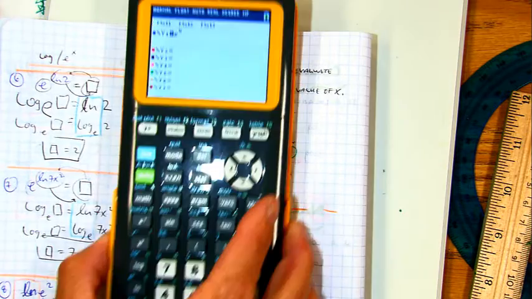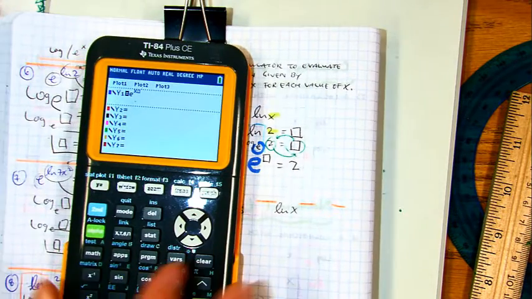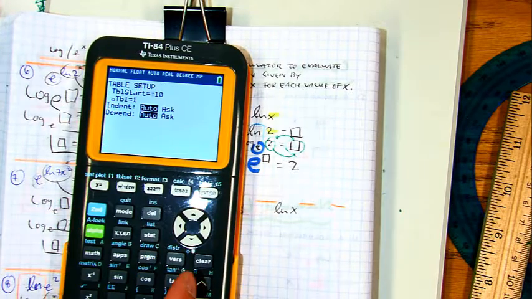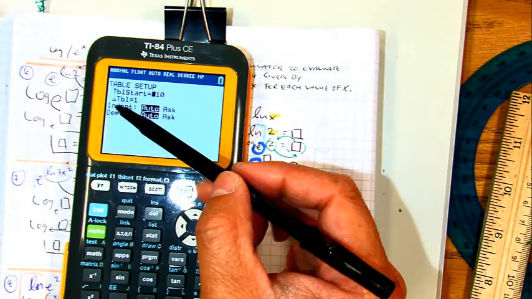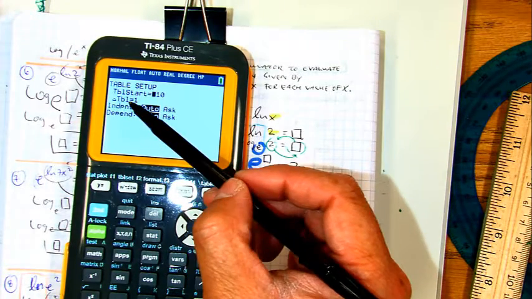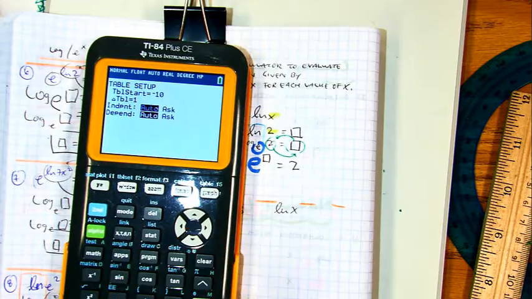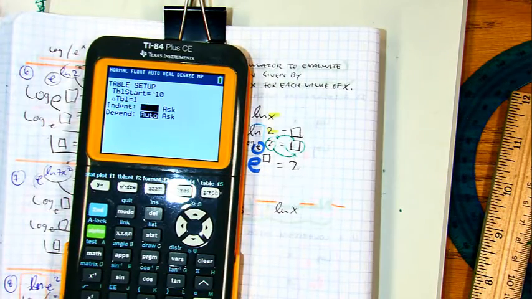Before I go to the table of values, I'm going to go to table set, so second window. It doesn't matter what number you're starting at. I do recommend changing the table at 1 for now, and then having it at auto and auto. If yours is on ask, you just go over auto and press enter.